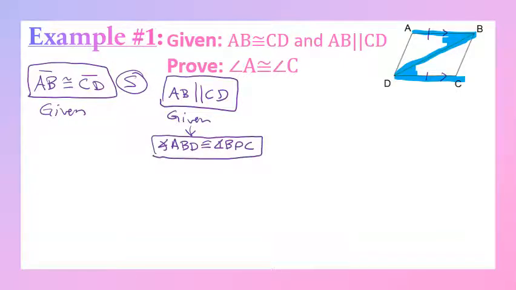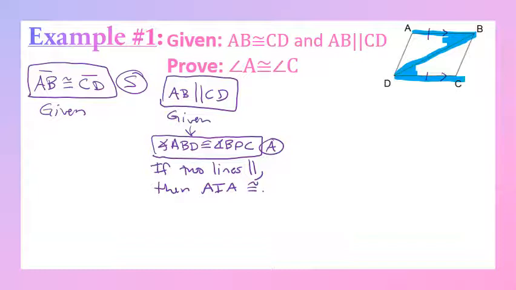And again, long reason, if two lines are parallel, then alternate interior angles are congruent. I'm going to use abbreviations today. Okay, so now I have a pair of congruent angles. Beautiful. Still only 2 things, so I don't have enough yet to prove my triangles are congruent.